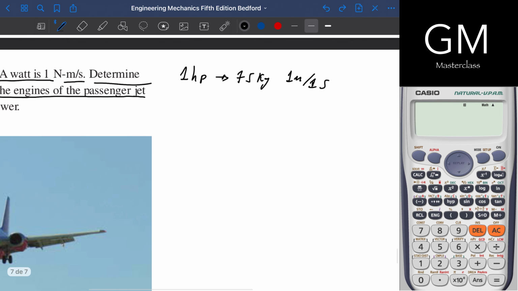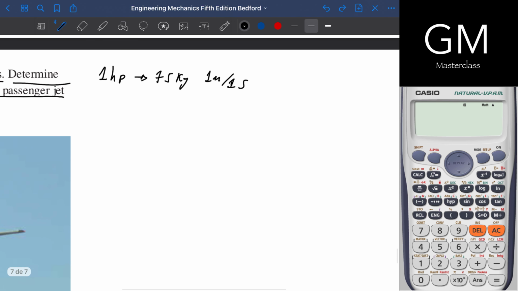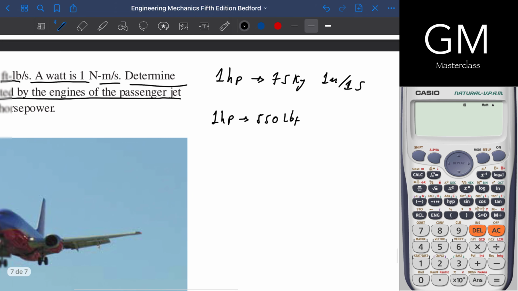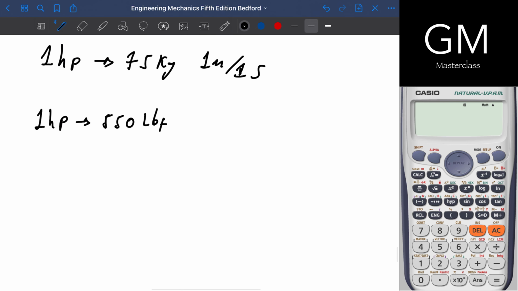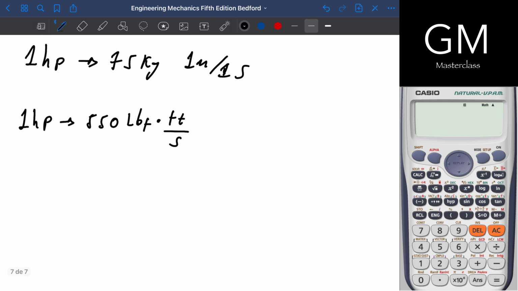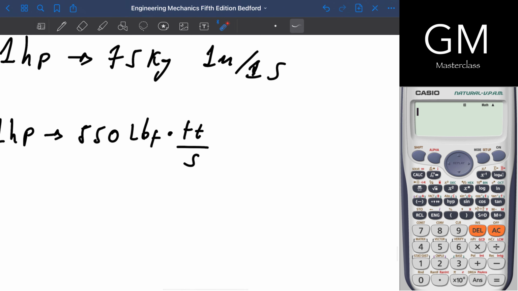Then, when we talk about a horsepower, we're talking about a force in pounds multiplied by a distance divided by an amount of time. Then what is this?